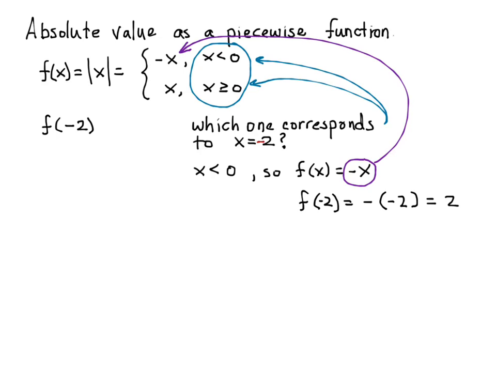No, because x itself is less than 0, and so if we have negative, then we get the positive version. So what this is saying, in more descriptive terms, is that we're going to change the sign if we are less than 0, and we're going to leave the sign alone if we're greater than 0.